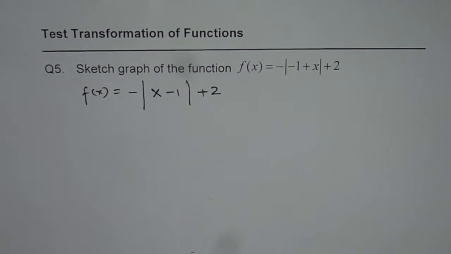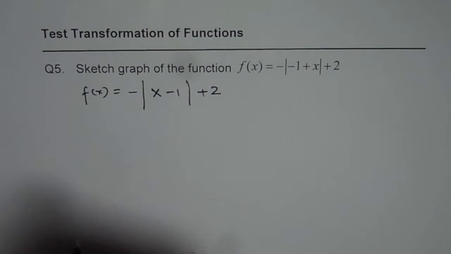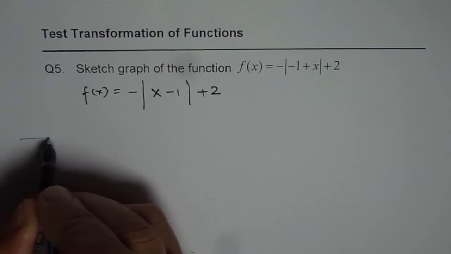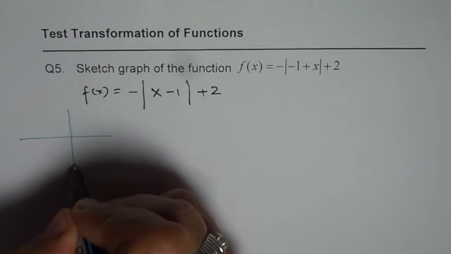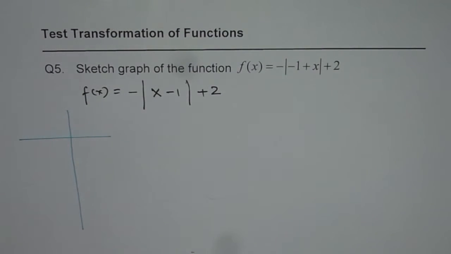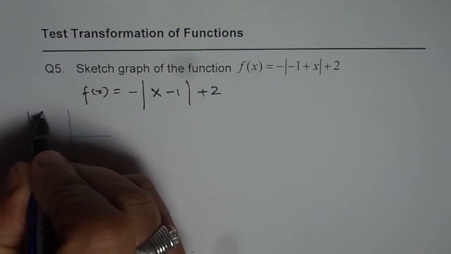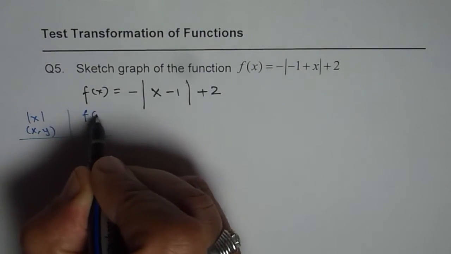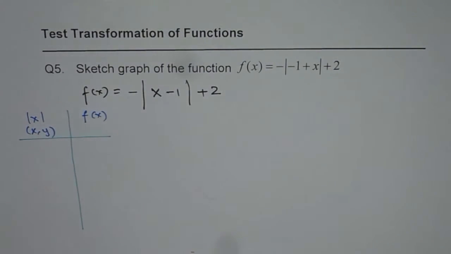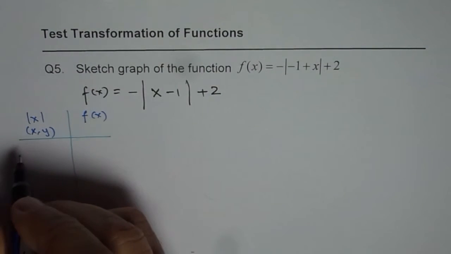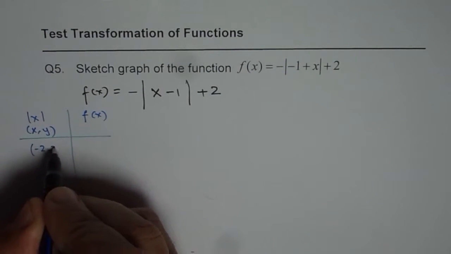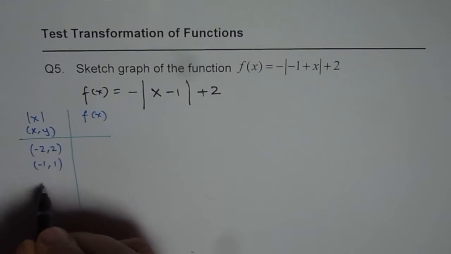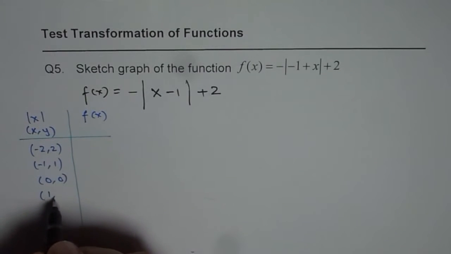Now there are a couple of ways to draw the transformed function's graph. One of them is to consider the key points. So the key points on absolute x are, let me write x and y values, and then we'll write those transformed points on f of x. On absolute x, the key points are (-2, 2), (-1, 1), (0, 0), (1, 1), and (2, 2).